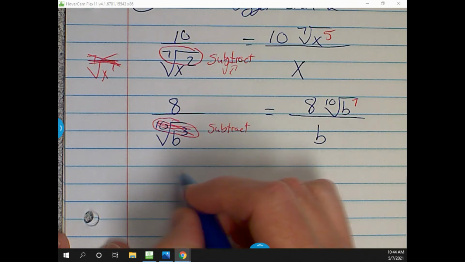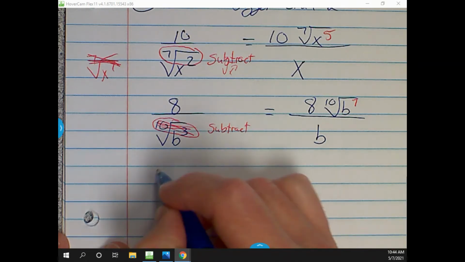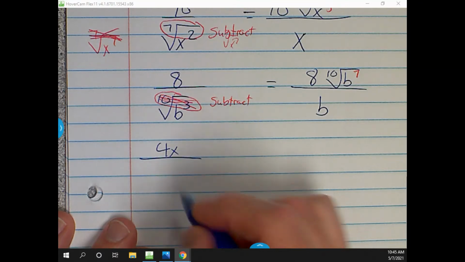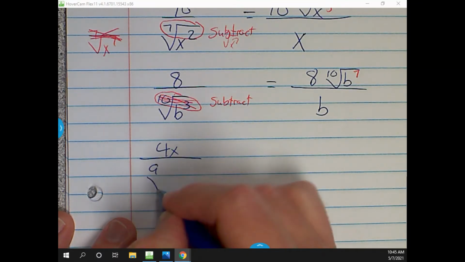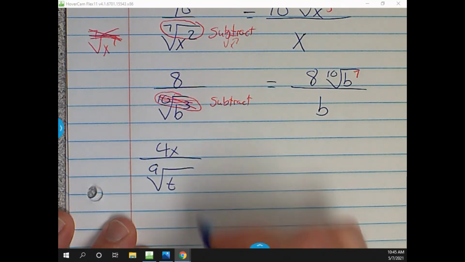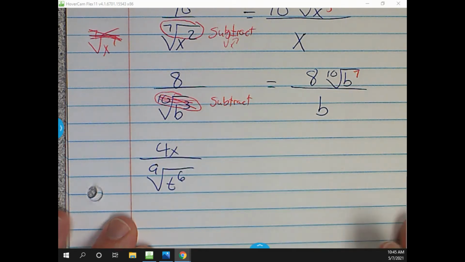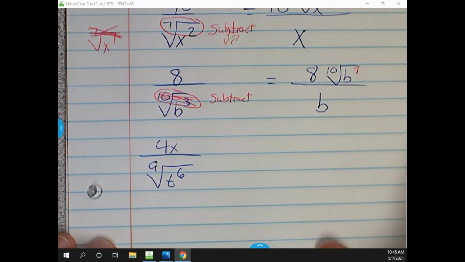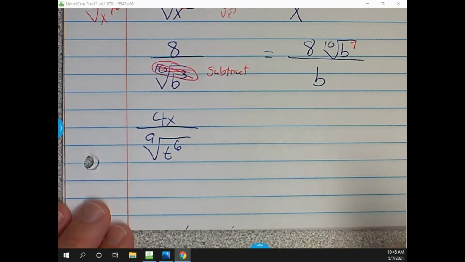And this might even be 4x over the 9th root of t to the 6th or something like that. If you have more variables, don't worry about it, because again, all you're worried about is what's on the bottom.